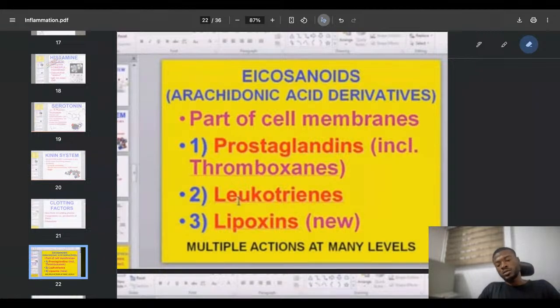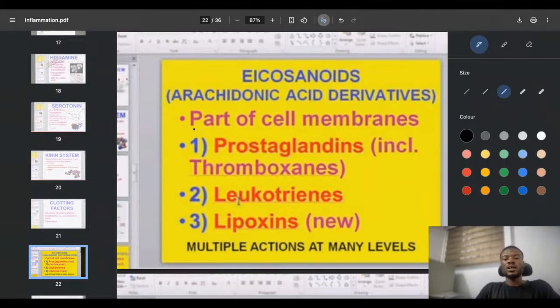So during inflammation, the cell membranes are broken down into what we call arachidonic acid derivatives, and then they are used to produce these prostaglandins, leukotrienes, and lipoxins, and all of them are part of what?